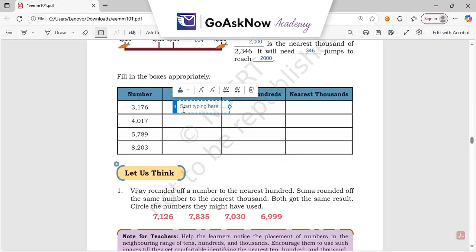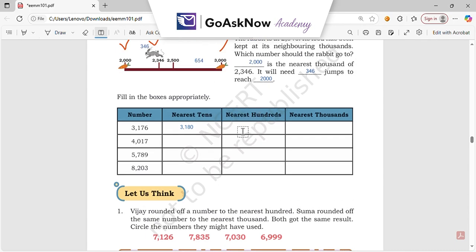Now we are filling in the box approximately, taking the number and rounding it. First one, 3176. In the tens, 6 is greater than 5, so we take 3180. Next, rounding to hundreds, 76 is larger, so we take 3200.